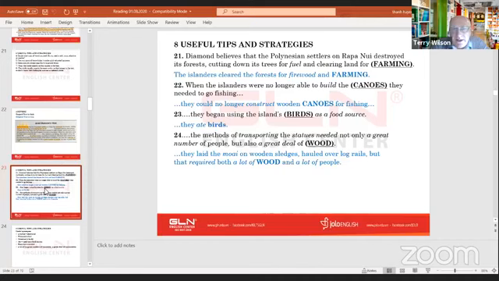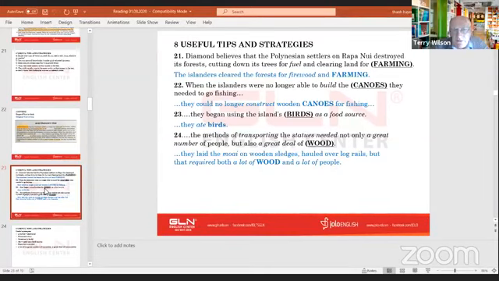So the answer is the islanders cleared the forest for firewood and farming. The next answer: when the islanders were no longer able to build canoes, they could not go fishing. So they could no longer construct wooden canoes for fishing is the answer. And 23, they began using the island's birds as a food source. So the answer is they ate birds.